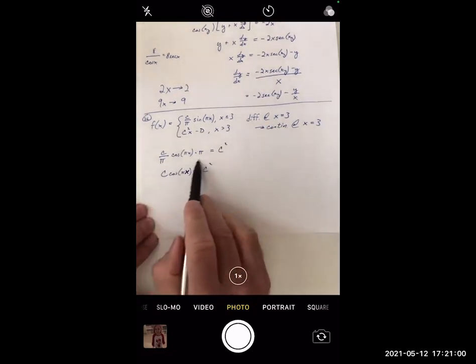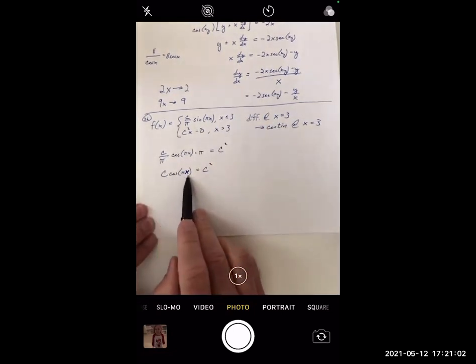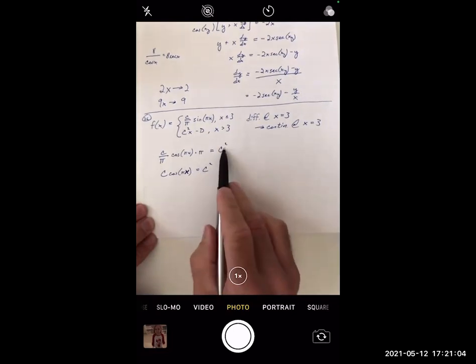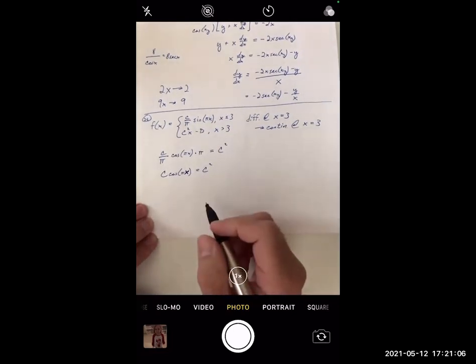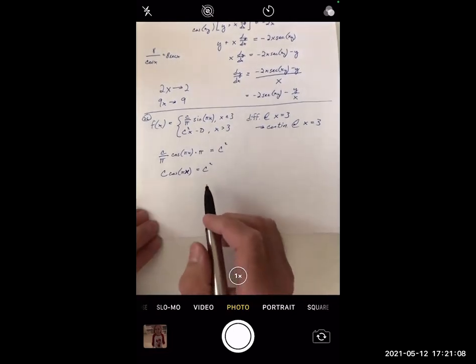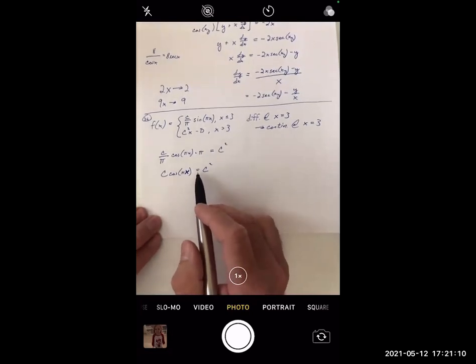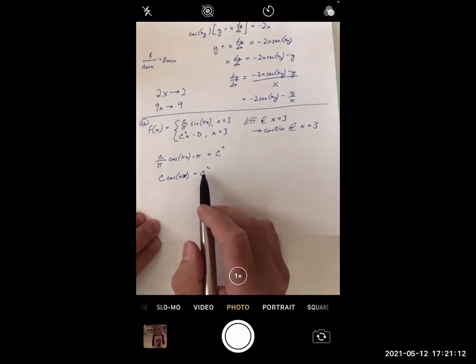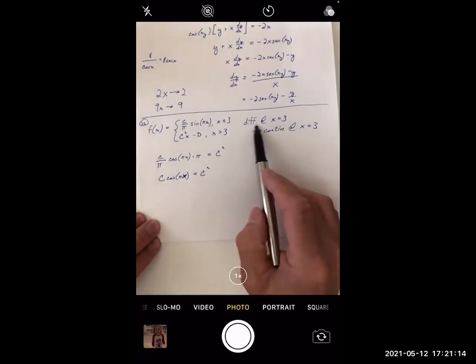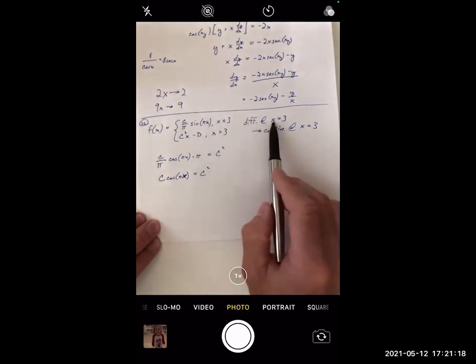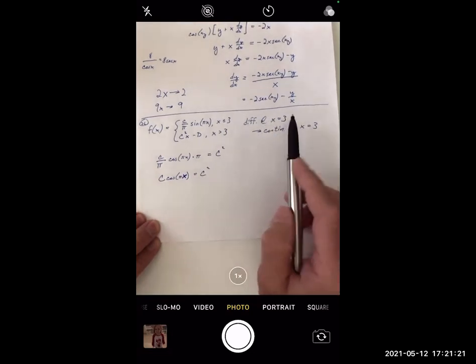So the top line was simplified to c cosine of pi x. The second line was just c squared. We're setting them equal to each other because it's differentiable at x equals 3, so the derivatives are going to equal each other when x is 3.